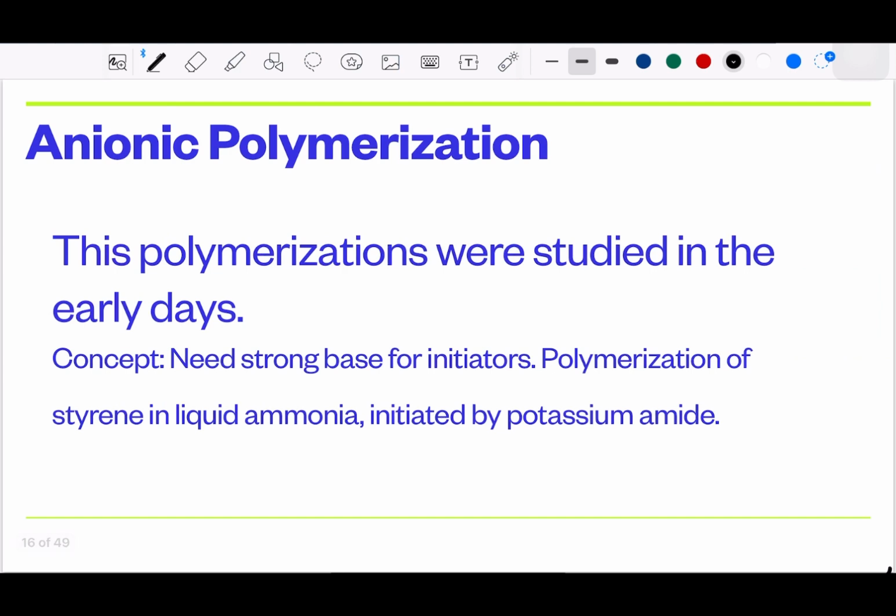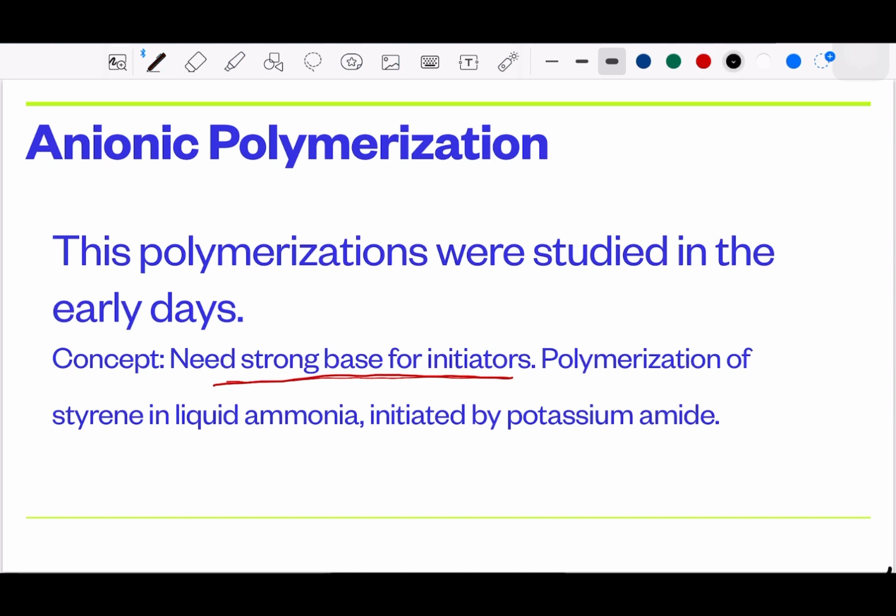So we are going to have the anionic polymerization. This is considered early studies. The idea for this one is that we need a strong base for initiators, because we want to make sure that the active center is the negative ion.